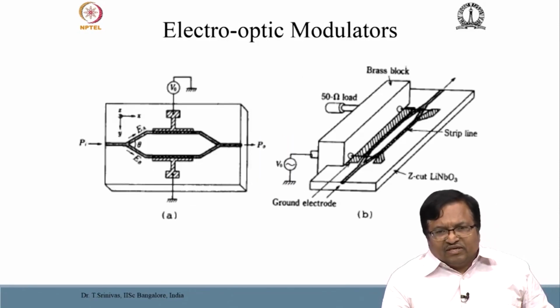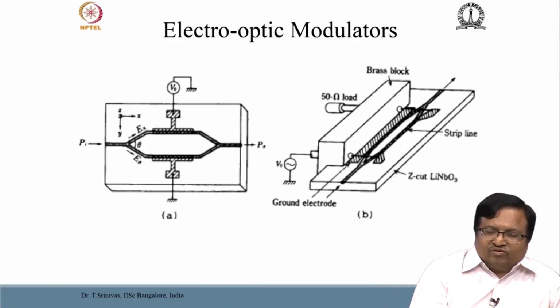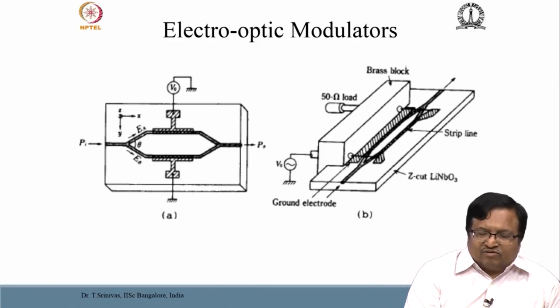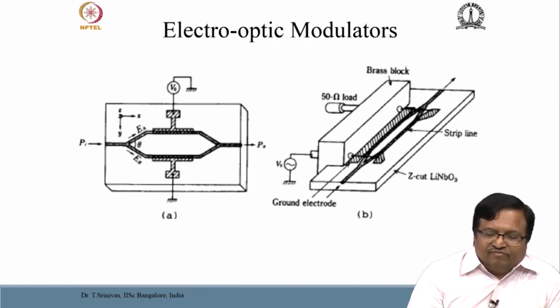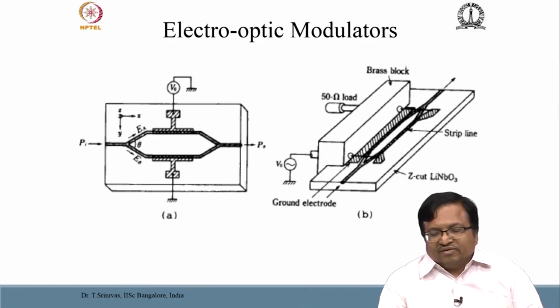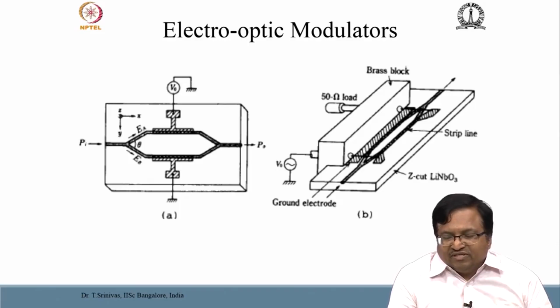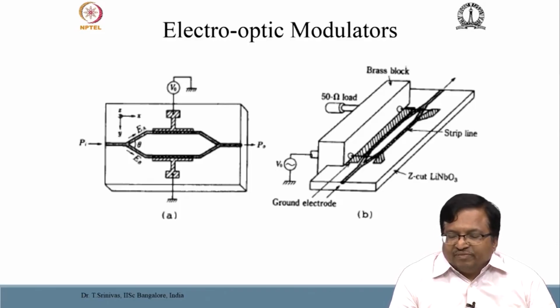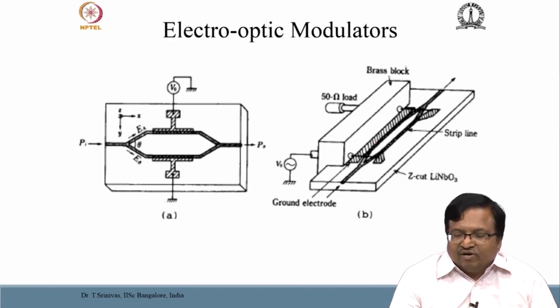So, we have already seen electro-optic devices as an example. I am showing you the electro-optic devices where you have electrodes that can be used to manipulate the light that is propagating inside the waveguides. On the right side we see a device which can be used for a high speed of modulation. Typically the electrodes will form coplanar structure.